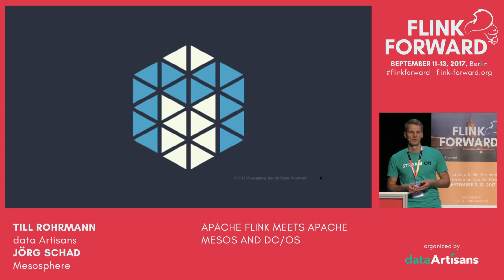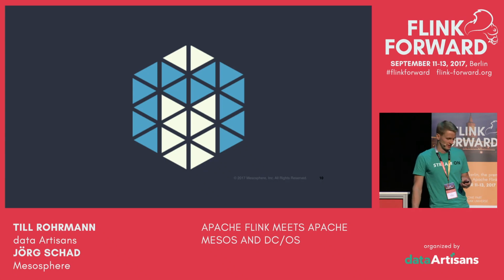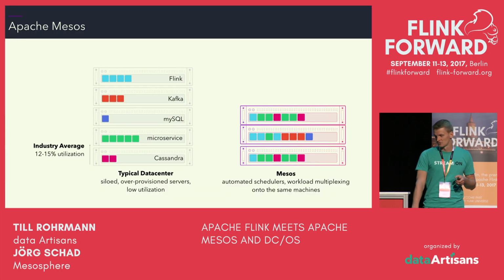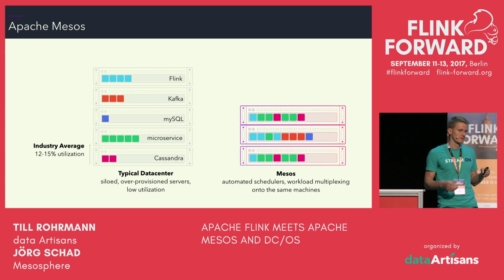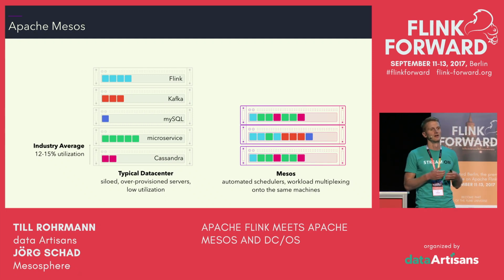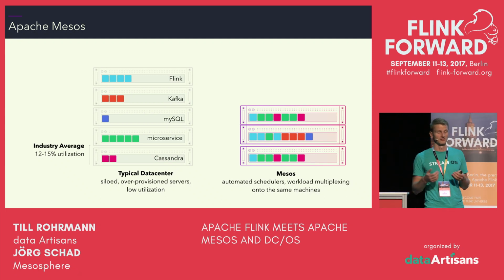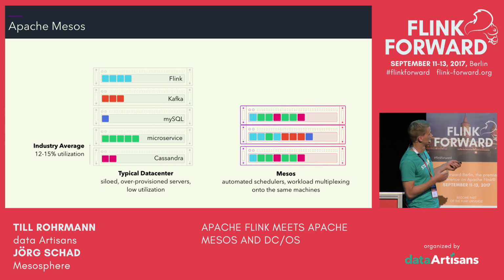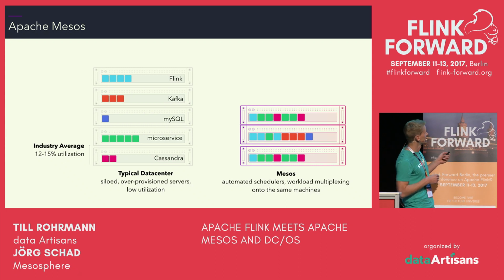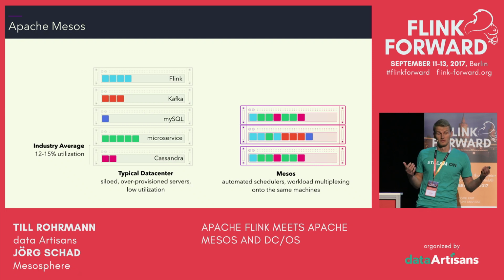This is basically where Apache Mesos comes into play. Apache Mesos is a cluster resource management system which allows you to run multiple applications on a shared set of resources. So using Mesos, we could, for example, run the same set of services, not on 5 machines, but on 3 machines by sharing the resources.